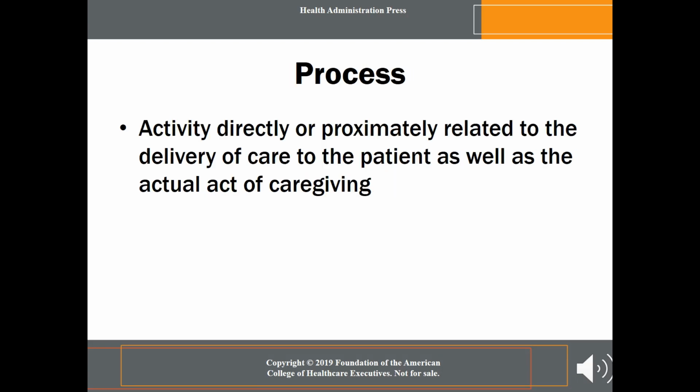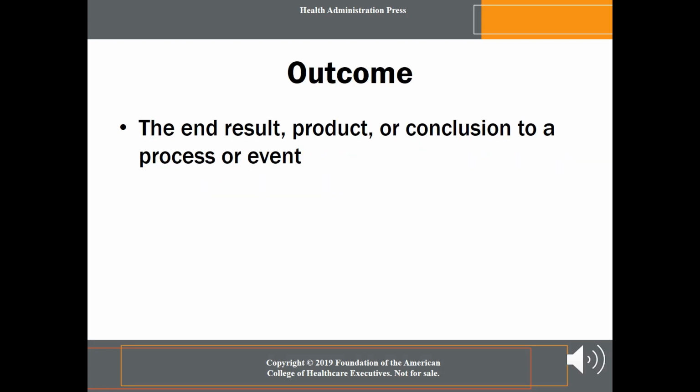And again, to recap, the process is an activity directly or proximately related to the delivery of care to the patient as well as the actual act of caregiving. An outcome is the end result, product, or conclusion to a process or event.